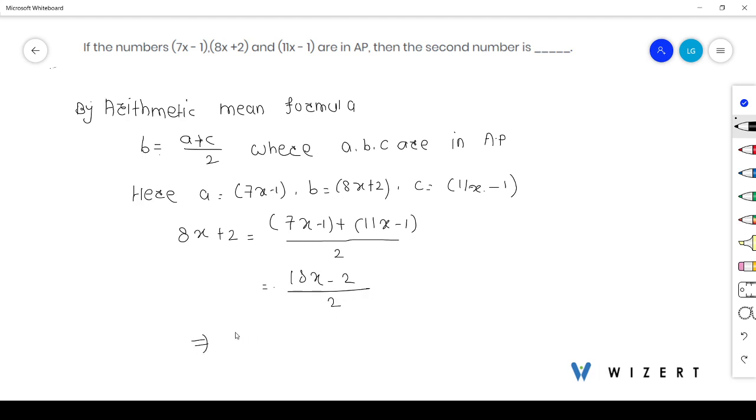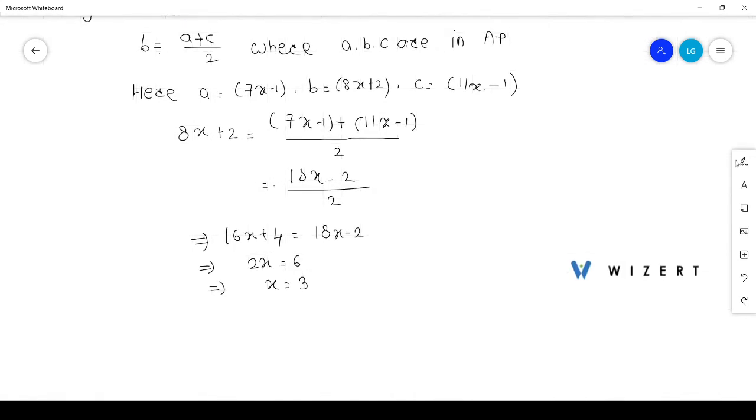So 16x plus 4 equals 18x minus 2. So it will give 2x equals 6. If we divide throughout by 2, we get x equals 3.